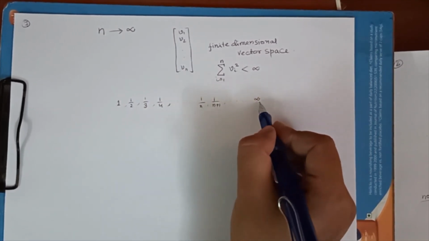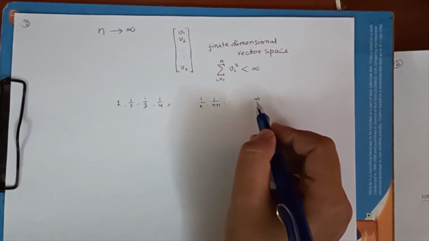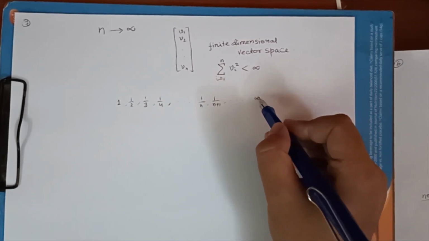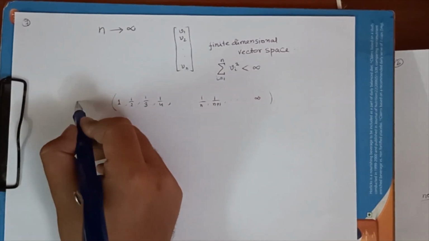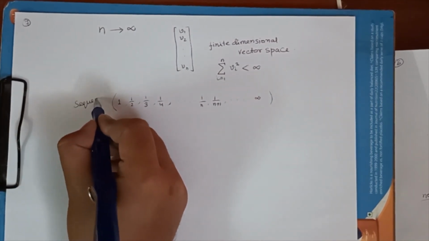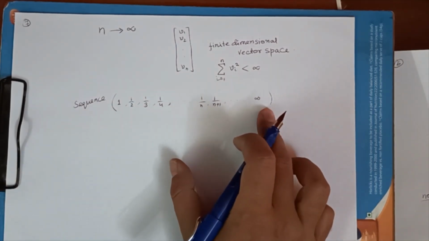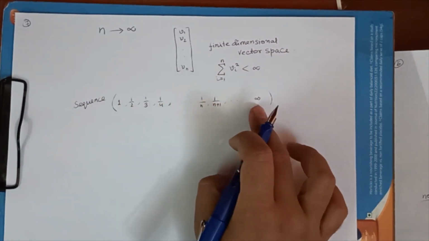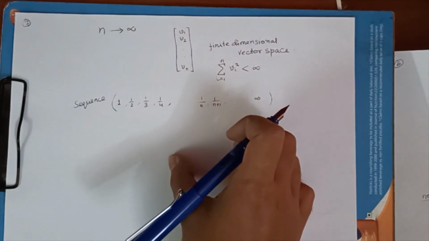So the last entry over there will be 1 by some infinitely large number which is close to 0. So this sequence is finally going to 0, of course, but this is an infinite sequence. You know about sequences, right? You have done series and sequences in class 12 when you talk about the summability of a sequence. So this sequence looks like an infinite dimensional vector, isn't it? This is a legitimate representation of an infinite dimensional vector.